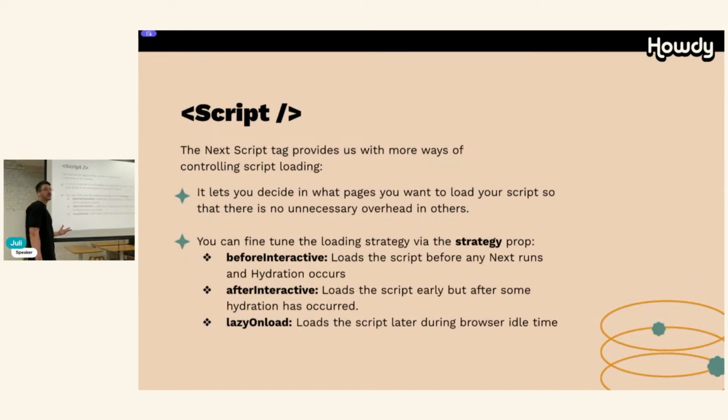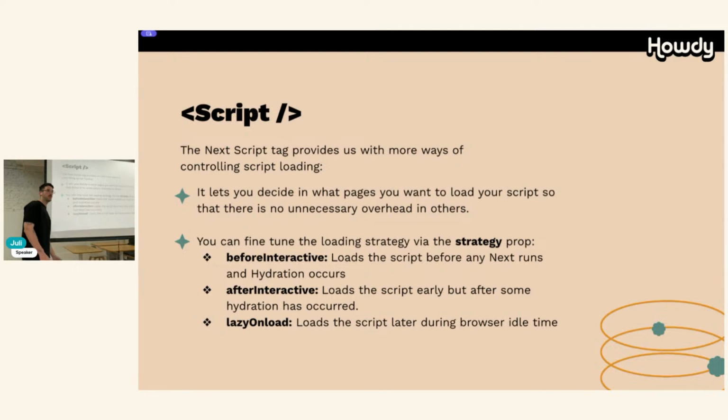We have 3 new props here that are going to change the behavior of how we load the scripts into the site. Before interactive, this means we're going to load the script before any Next.js or hydration runs. So maybe we really need to make sure that the script is already there before the user interacts. Maybe it's really important for all the metrics to load before the user interaction occurs.